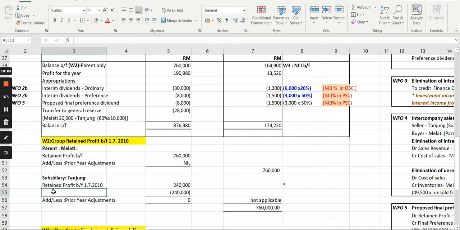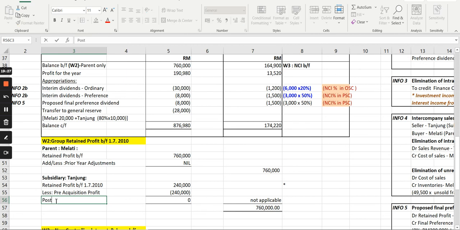So here you need to go and deduct the pre-acquisition profit. I'm writing down here, acquisition profit. Okay, so there is none in terms of the post-acquisition profit.